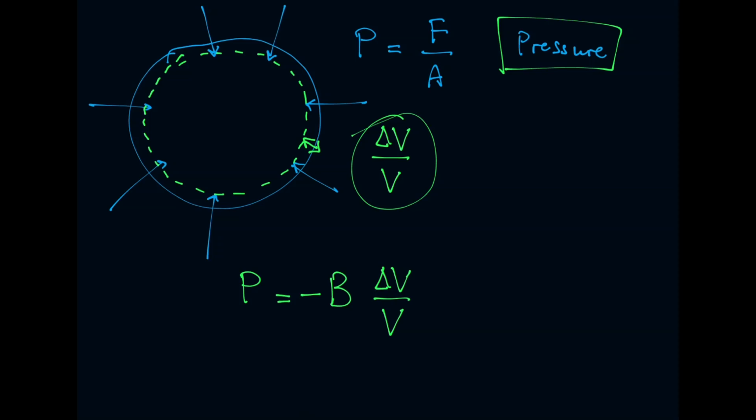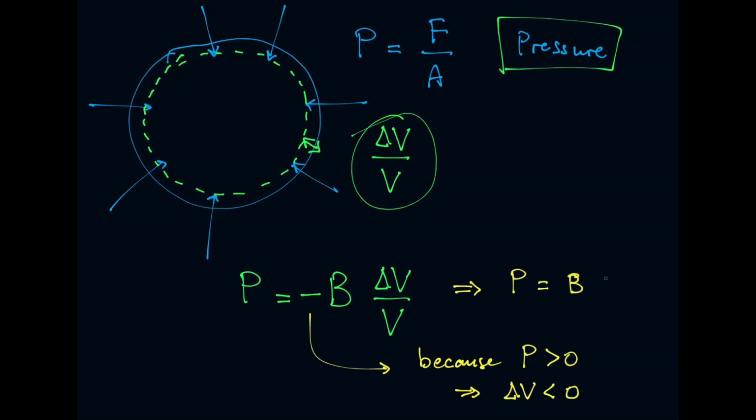And the reason there's a minus sign is because a positive pressure implies a negative change in volume, because the volume shrinks, so delta V is less than 0. You will find this also expressed with just B times delta V over V, where it's actually implied that I'm taking the absolute value of delta V.